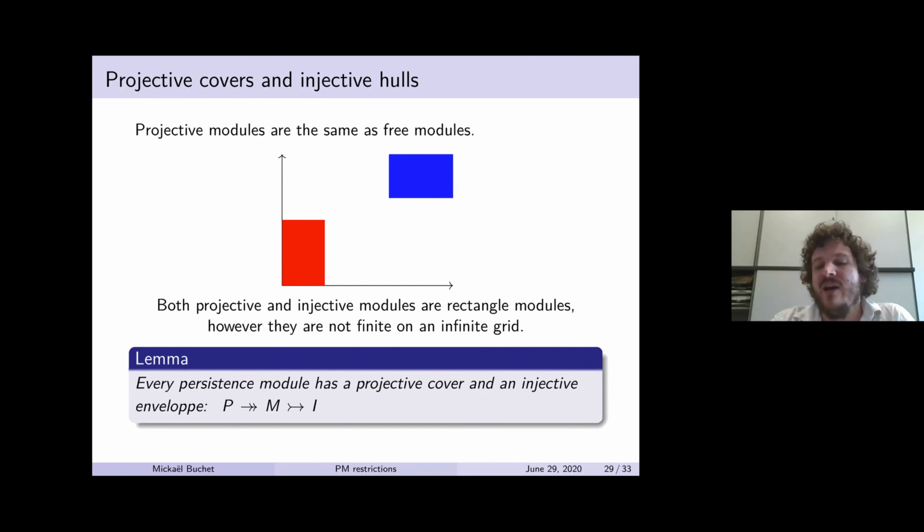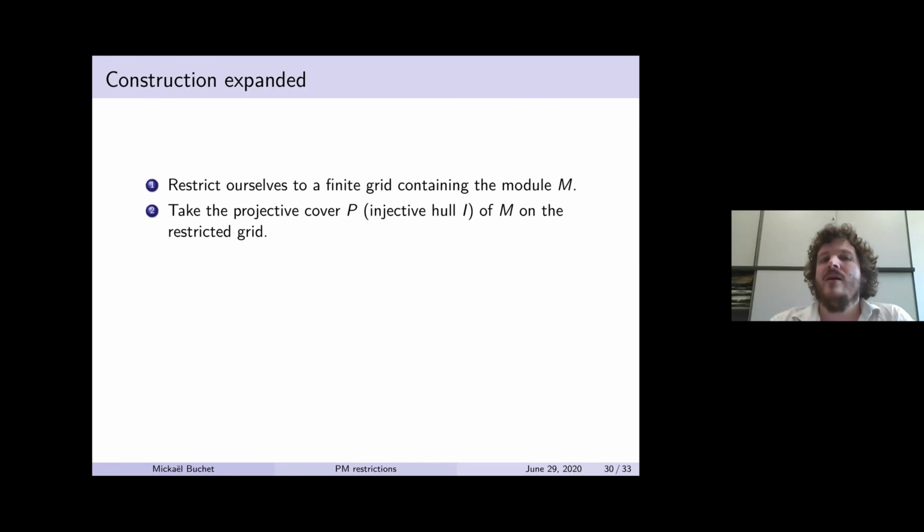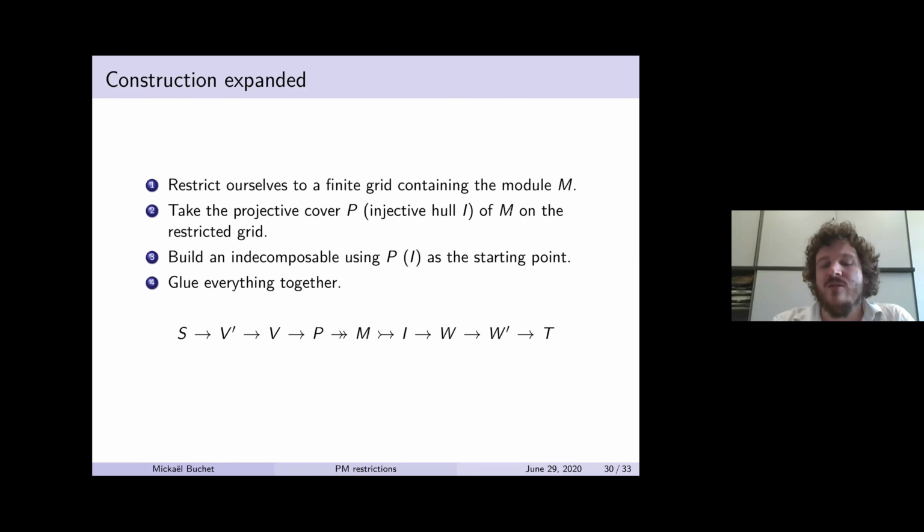Unfortunately, I and P are infinite, so I first need to restrict myself to a finite grid containing M, take the projective cover and injective hull, build indecomposables using P or I as a starting point, do everything together. So I get this sequence of nD persistence modules, which here is my previous construction with P as a starting point, the dual construction here is I with the primal construction, M in the middle.